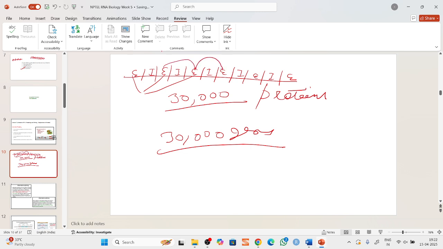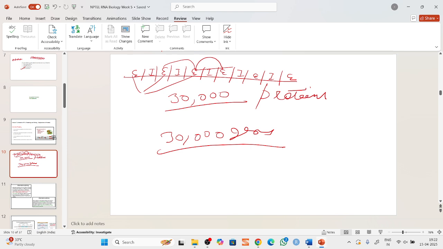Then I took this one and this one and this exon. So every time I am taking a different combination of exons, and these exons are the actual coding regions. So by taking different combinations of exons, I am actually creating a different kind of protein product, because now the sequence is different.